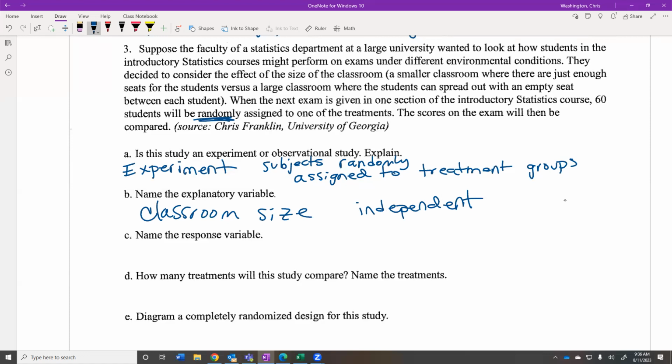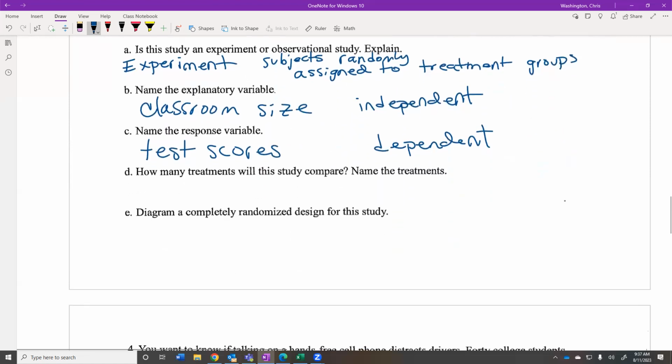The explanatory variable and the independent variable are basically the same thing. And what is the response variable? What are we collecting data on? The test scores. So the response variable would be their test scores. And in science class, you might call this the dependent variable.